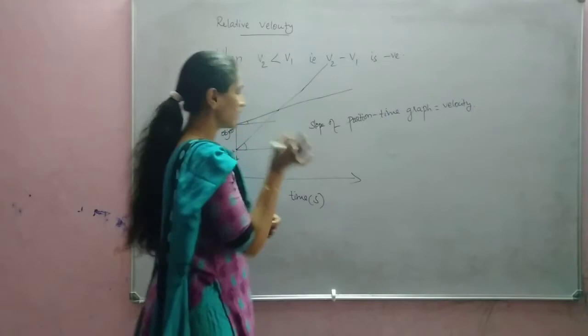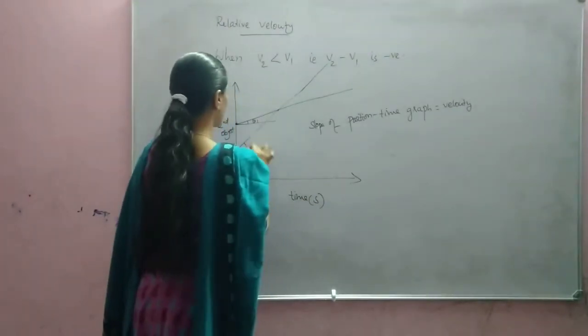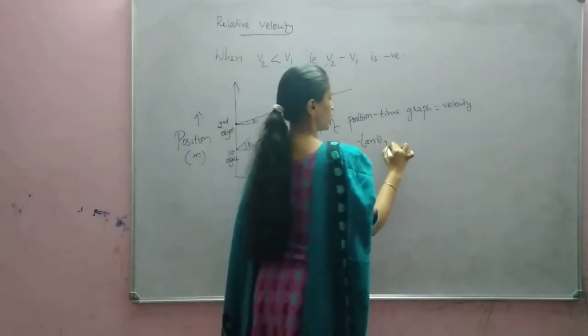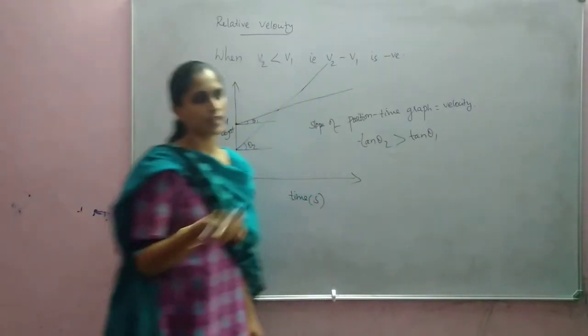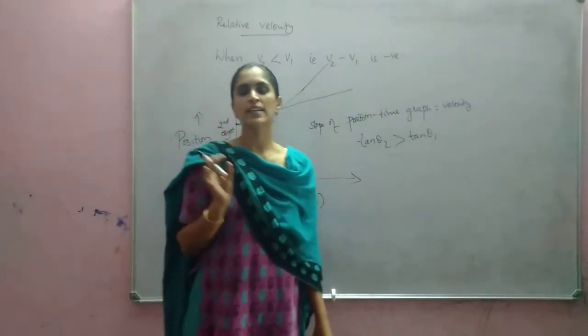So whichever has more angle, if we write theta 1 and theta 2, tan theta 2 is greater than tan theta 1. So the first object has more velocity than the second object.